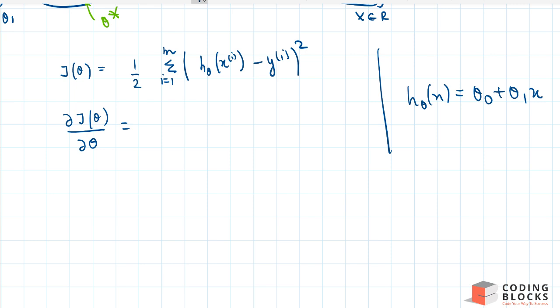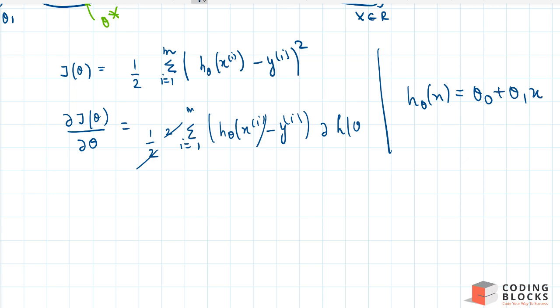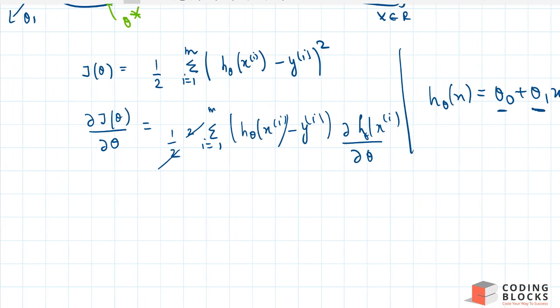So this would become half into 2, summation i goes from 1 to m, (h_θ(x^(i)) minus y^(i)), the square goes off, into the derivative of h_θ(x^(i)) with respect to θ. Now there are two thetas, θ0 and θ1, so I will take derivatives with respect to both thetas.